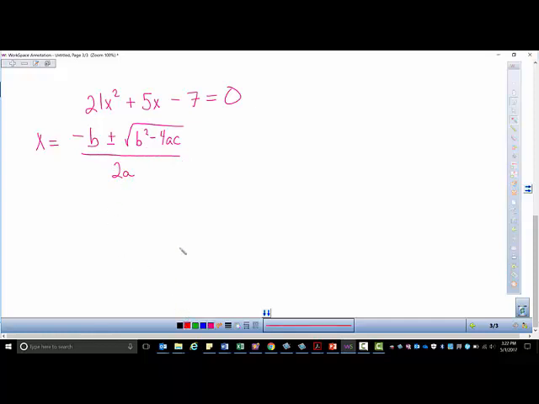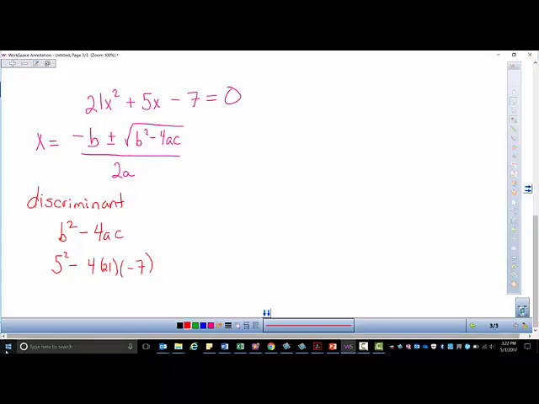Now I'm going to do the discriminant first, or the inside. So I'm going to do b squared minus 4ac. So b is 5, so I'm going to get 5 squared minus 4 times 21 times negative 7.